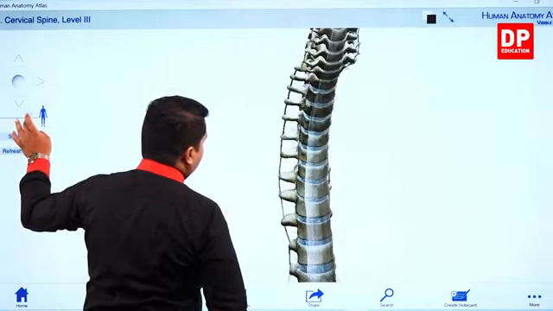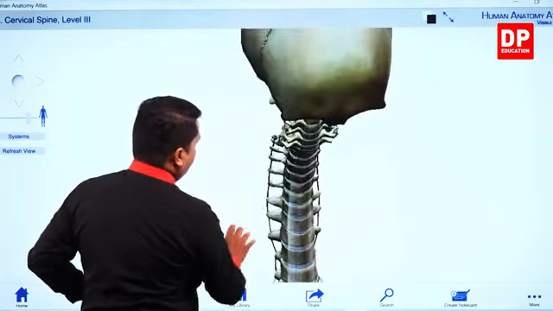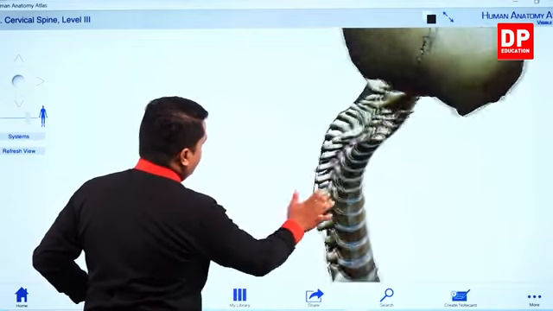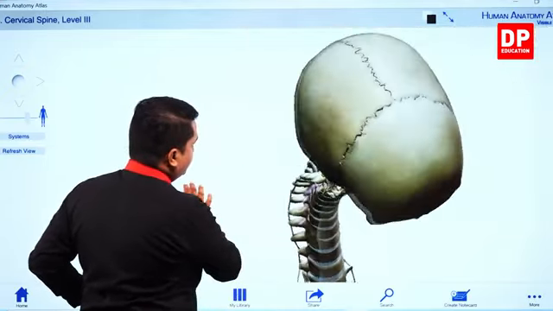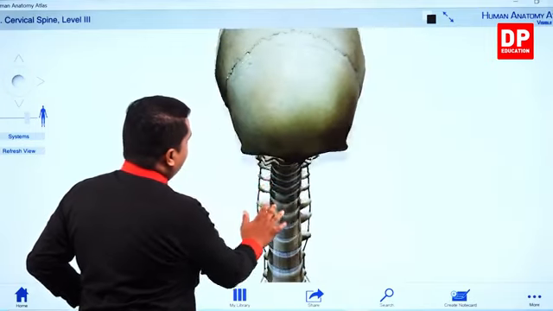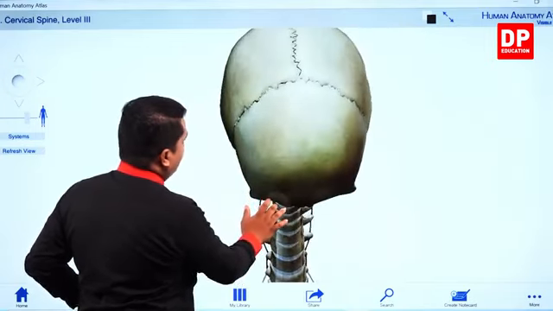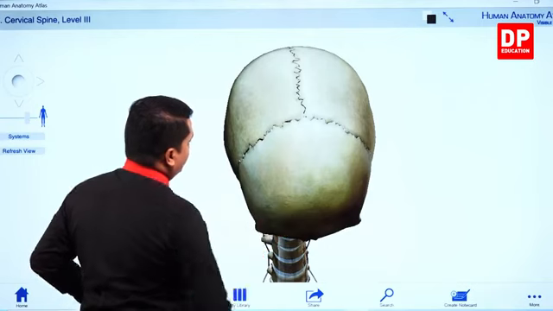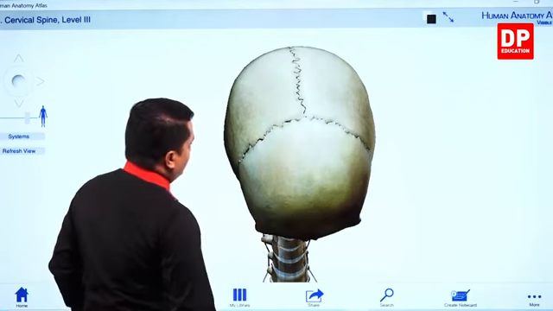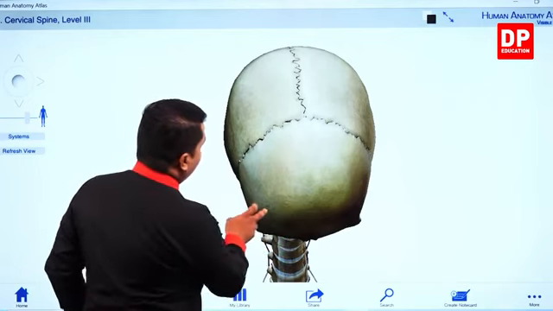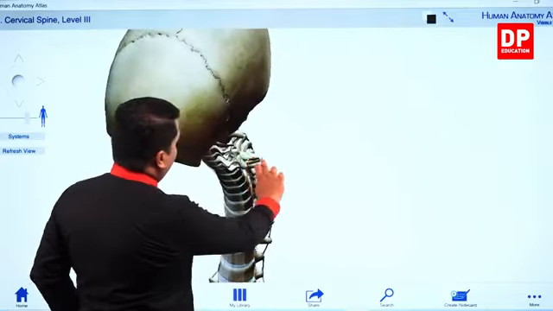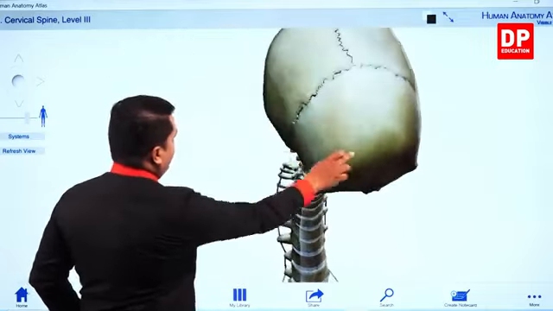Within this structure, this is the part which is referred to as the skull. You can observe this is the skull. It's a bony material, my dear children.